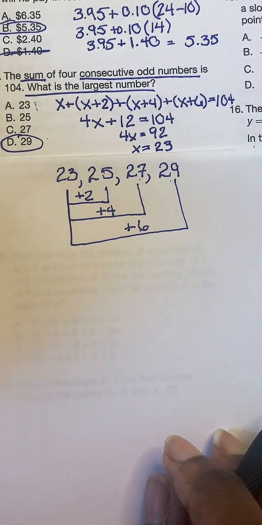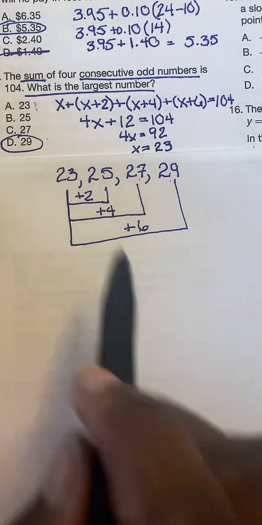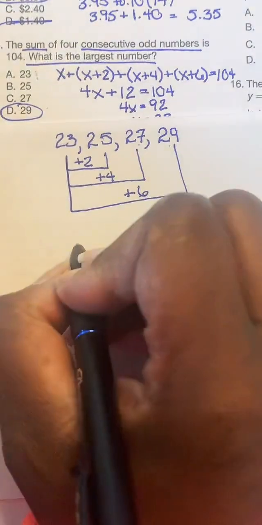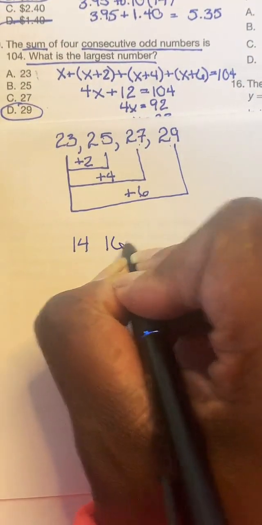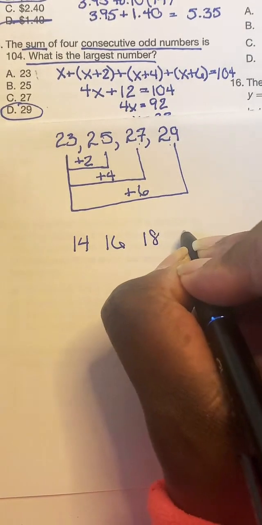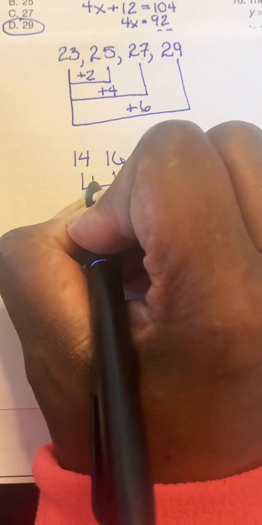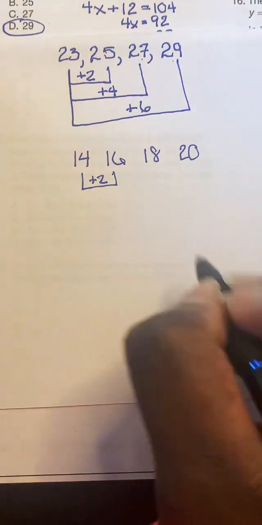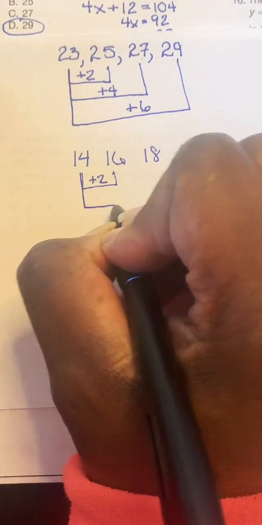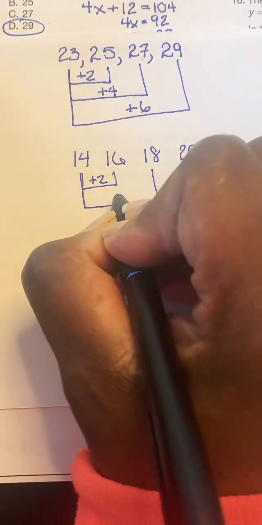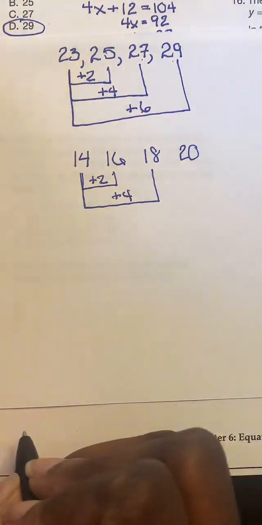All right. So this works for odds and it also works for evens. So if I say 14, 16, 18, and 20, if I want to go from 14 to 16, that's plus 2. If I want to go from 14 to 18, isn't that plus 4?